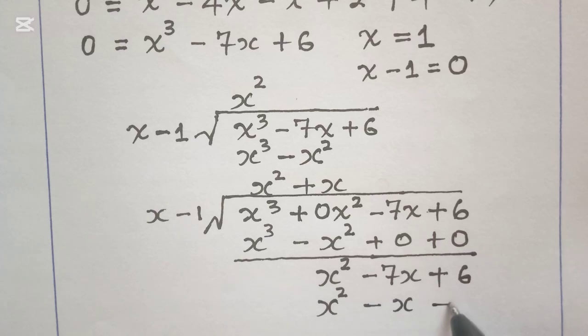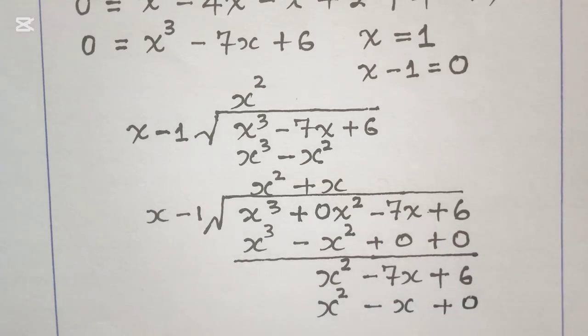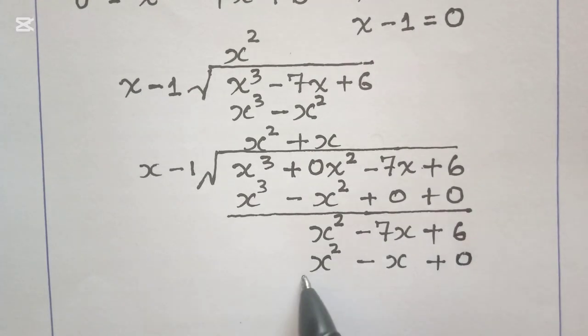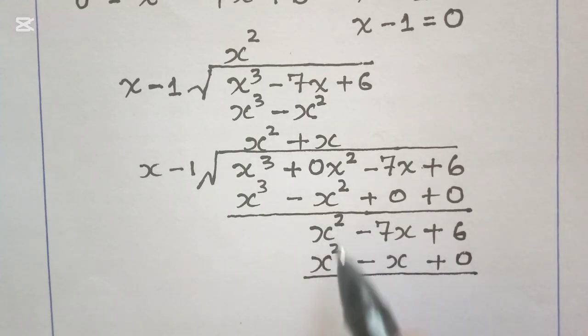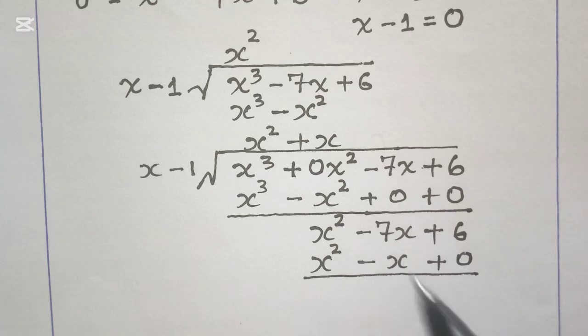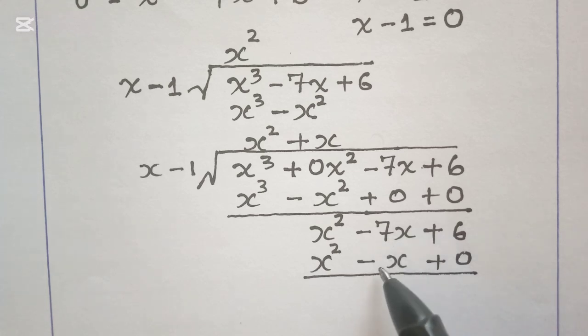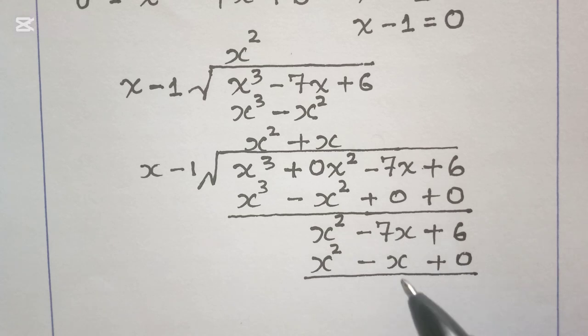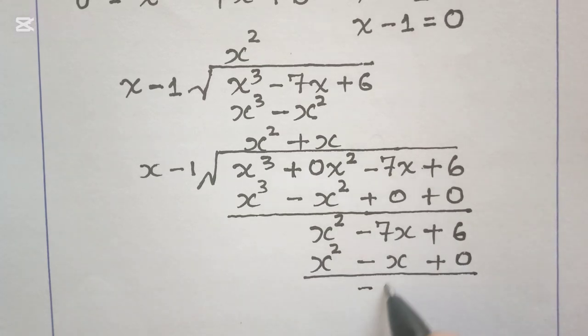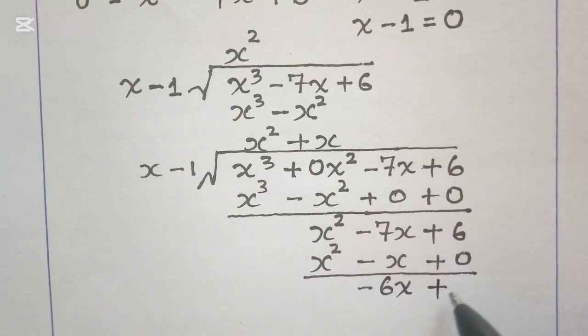Then this one I can put plus 0, like that. So this one now I can underline and come and take away. If I take away the x squared, from x squared is 0, minus 7x minus x. That is like saying 7 plus 1, and 7 plus 1 is minus 6x. And then here we have plus 6.